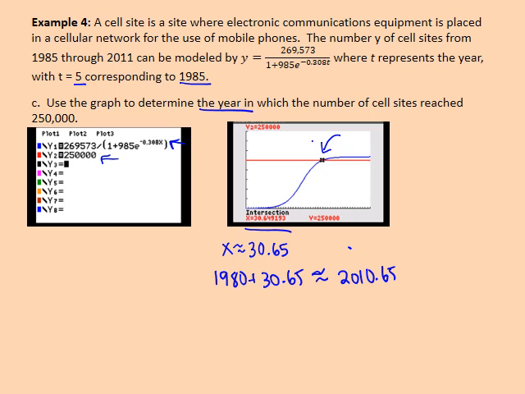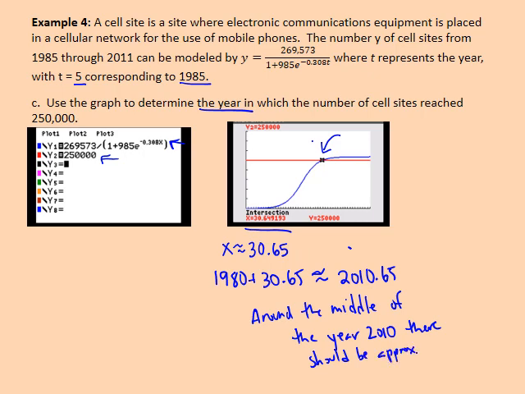So basically, around the middle of the year 2010, there should be approximately 250,000 cell sites according to our model.